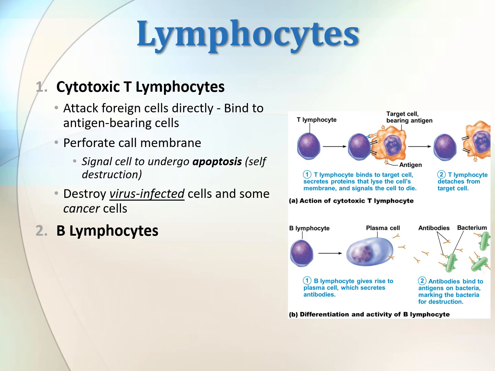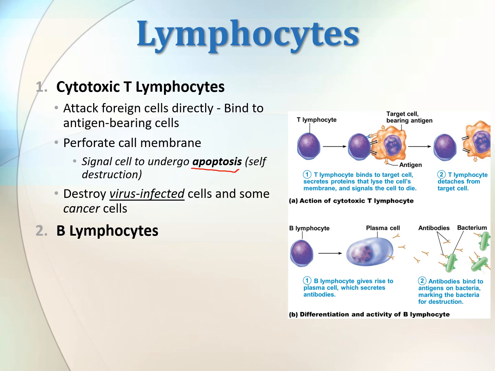That's called apoptosis, when a cell self-destructs. It's going to perforate little holes in it, and it's going to say, go destroy yourself. That's what's happening with cytotoxic T cells, and it's very effective against virus-infected cells and even cancerous cells. A lot of research is happening with T cells and how we can use it to our advantage to fight cancers.